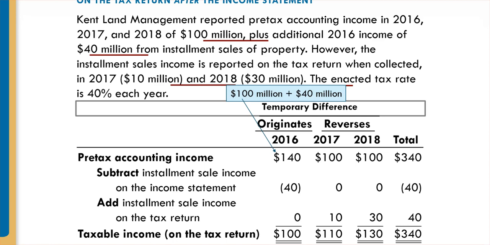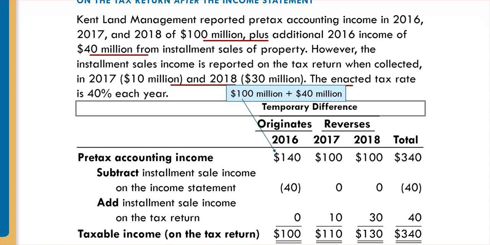You are making it, you're recognizing it, you're originating it, whatever words really help you there, in 2016, but you need to look at the rates that you see are currently enacted. Enacted means law. What's the law for the next years? And if the law for the next year is 40%, then they go in at that same rate.